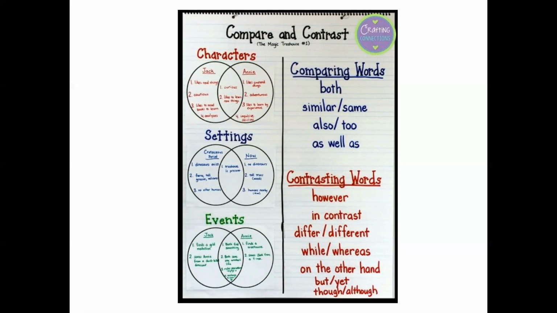When we're comparing characters, we look at how those characters are similar by saying they both have this or that. Like in this one, they're both curious. They both like to learn new things. Or in the setting, we're talking about... it's hard to see there.